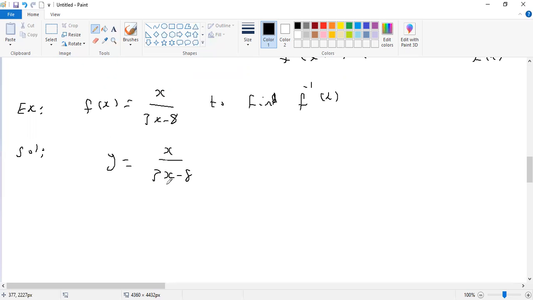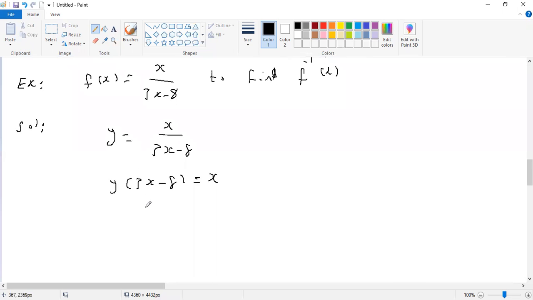Now, write x in terms of y. So, solve for x. Cross product will be y times 3x minus 8 equal to x. Then what do you have here now? We have 3xy minus 8y equal to x. Now write the x terms on the left side: x move it here, and y move it here.